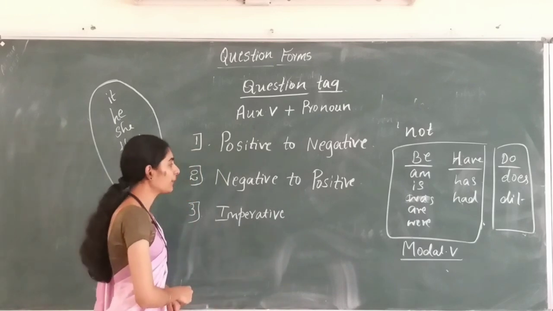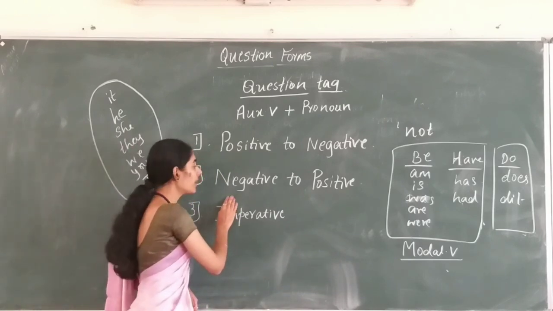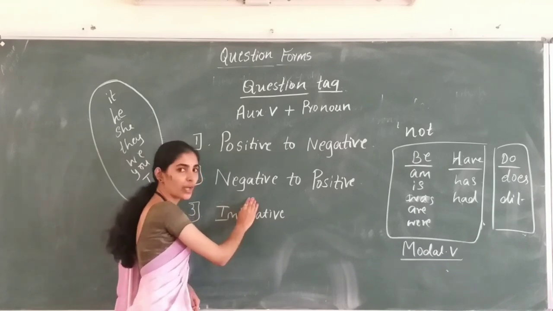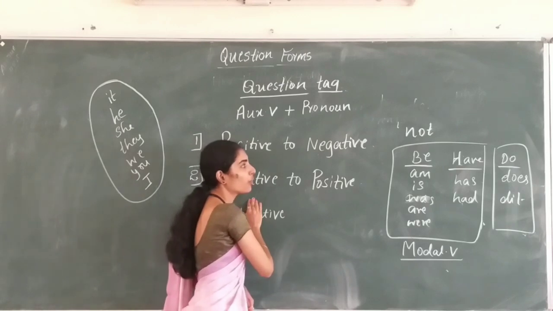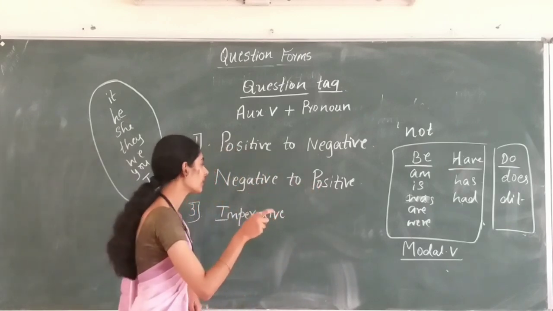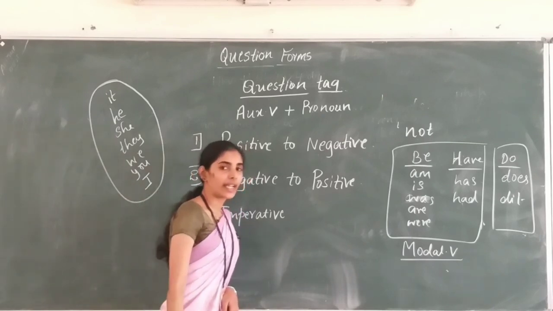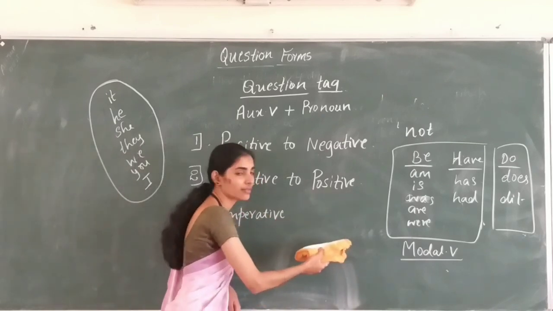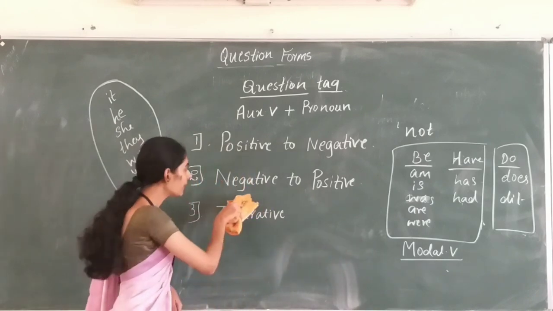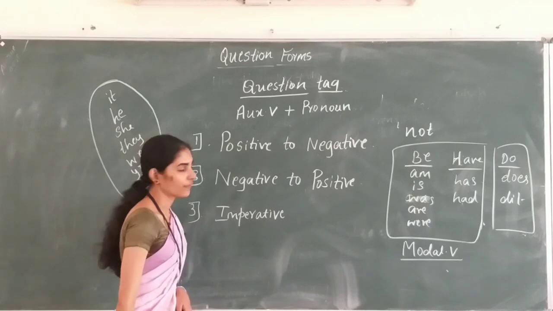If the given sentence is negative, which is very simple to identify, as I told you, if you find the word not in a sentence, then the tag must be positive.